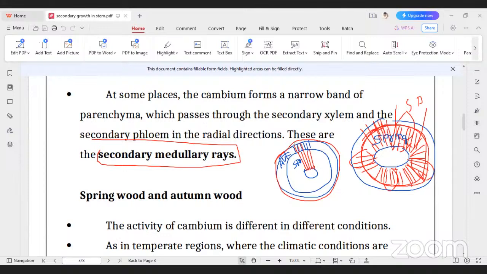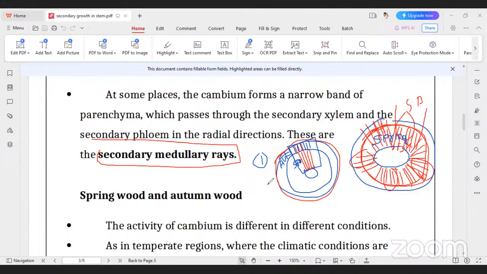This is one ring for 1 year. Like this, a number of rings are formed every year. So autumn season and spring season are considered as 1 year. While the plant is growing year by year, these rings also increase.